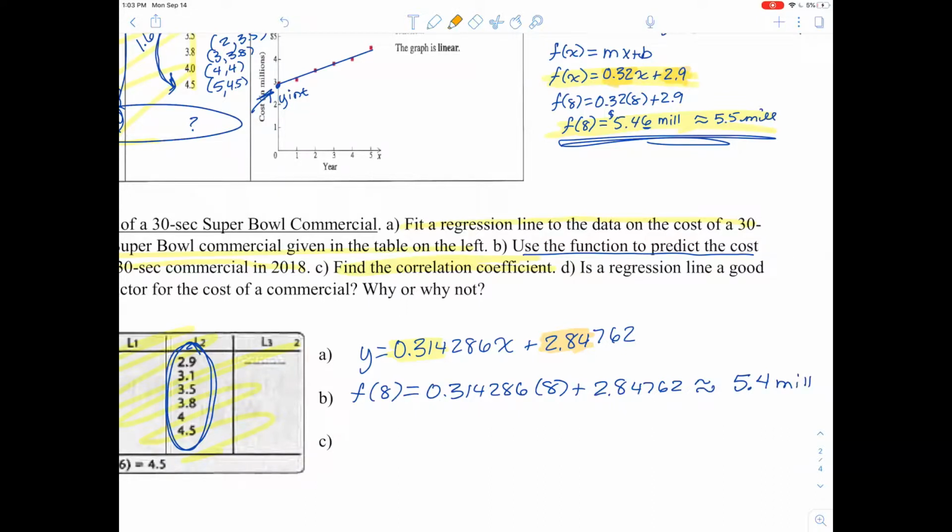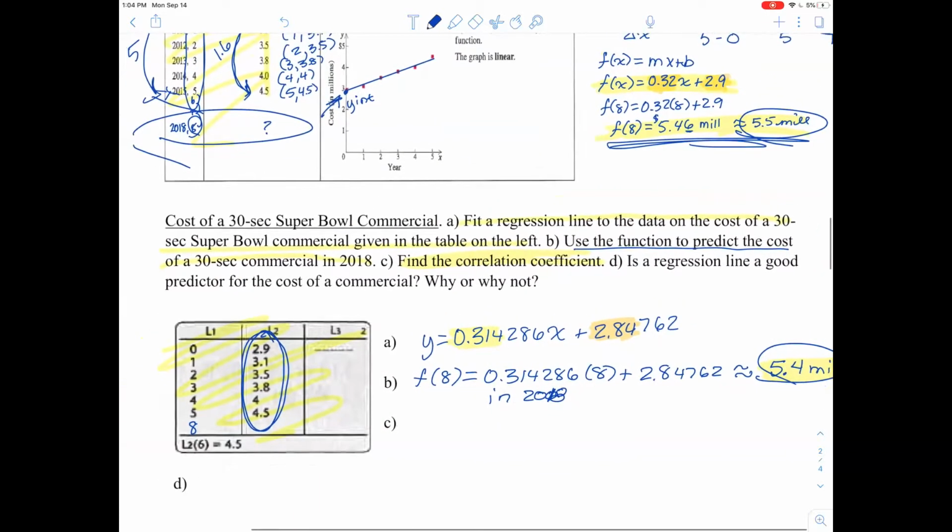And so according to the calculator, an approximate value of a commercial would be estimated at 5.4 million in 2018. Okay, so do I want to pay 5.5 million, or do I want to pay 5.4? I'd much rather pay 5.4.